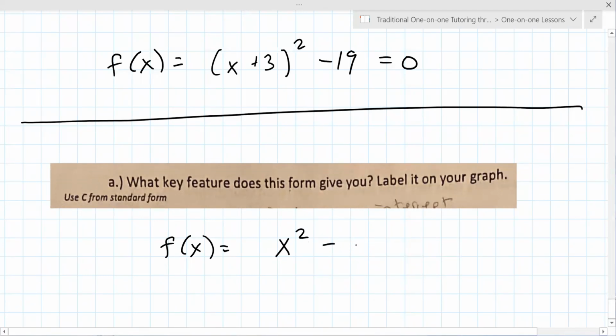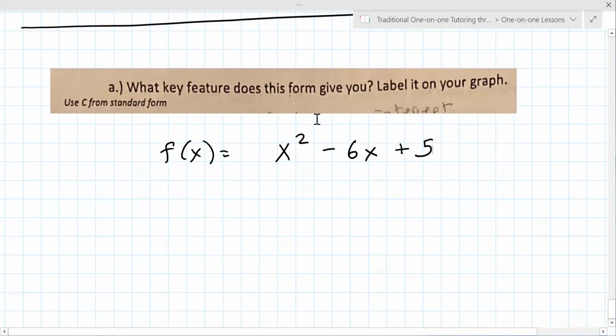Minus, let's do 6x, and then let's go... sorry, I'm losing track here. I want to keep it simple here. No, it's okay. I'm tired too. Plus 5. That'll do it. Okay, that'll work out great for these.